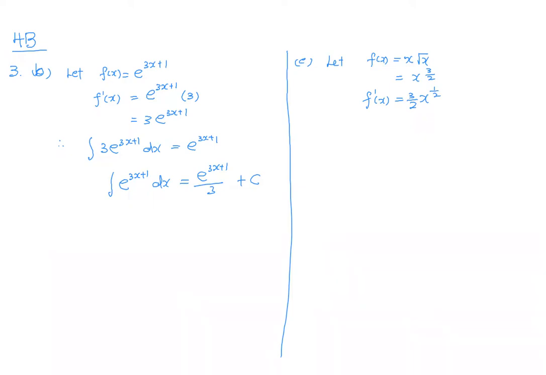So therefore, if I integrate 3 over 2 x to the power half dx, I will get back my f(x). So I write down, I can take the 3 over 2 here. So this is like multiplying with the square root, half is square root of x.